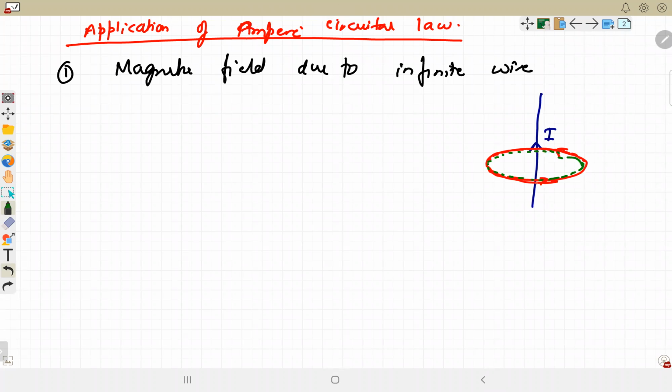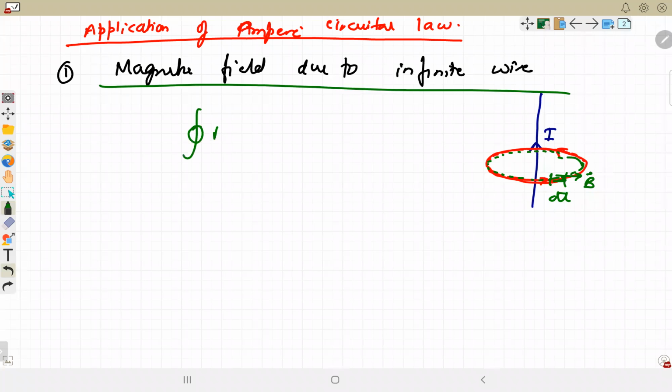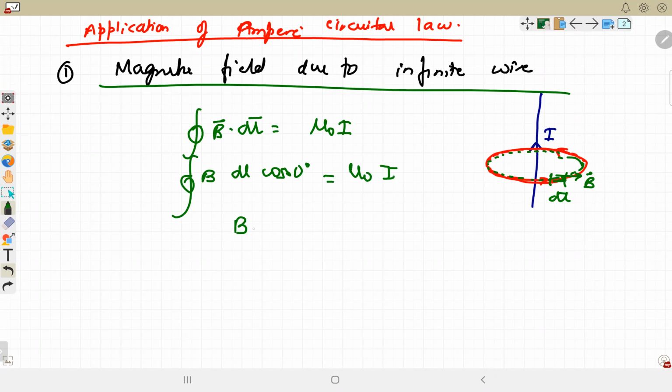A small length vector which has the same direction as B. So the integration of B dot dl is mu naught I, and integrating dl we get 2 pi r. Because of the symmetry of this loop, we can take B outside of the integral as B is parallel to dl. B into the integration of dl is equal to mu naught I.